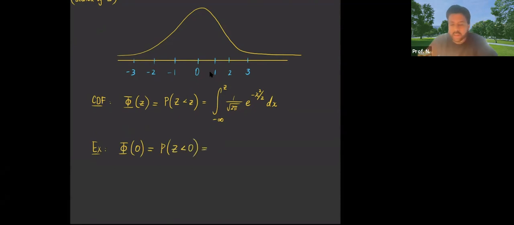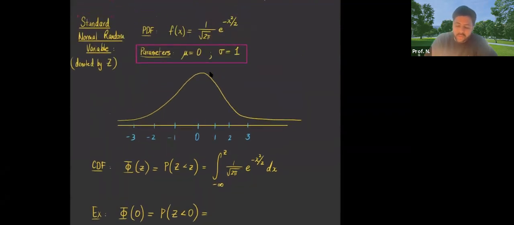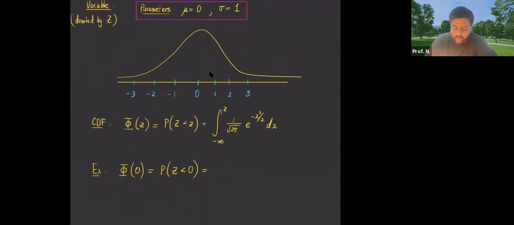What's the probability that a normally distributed random variable whose mean is 0 and whose standard deviation is 1 attains a value less than 0? Well, you take the integral from negative infinity to 0 of 1 over the square root of 2 pi e to the negative x squared over 2 dx.